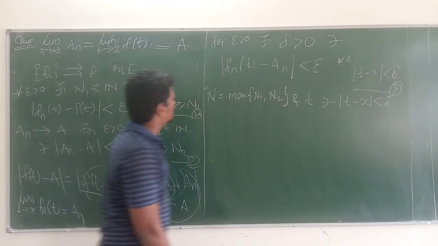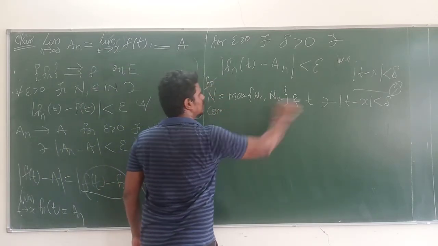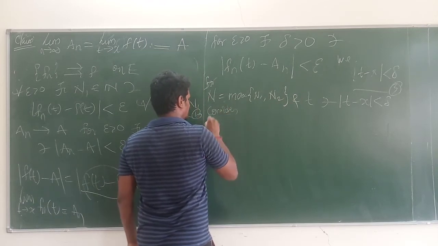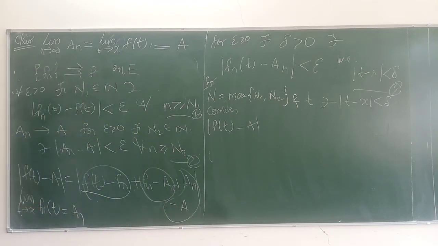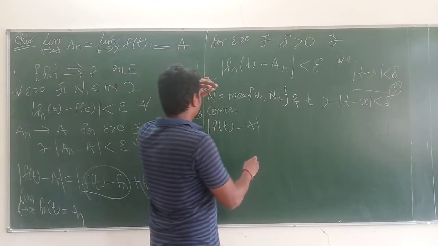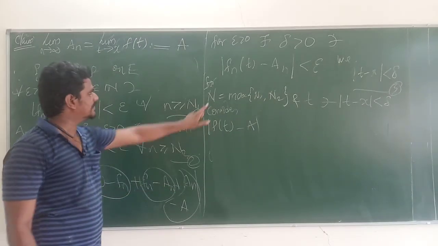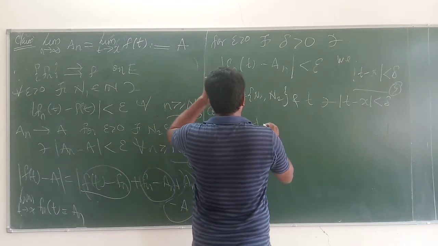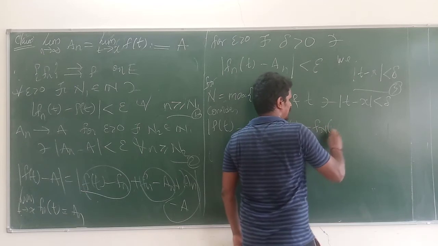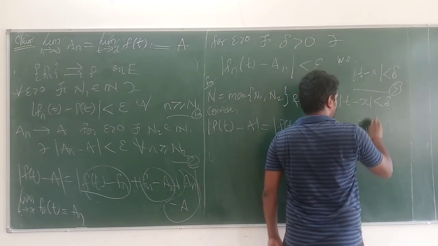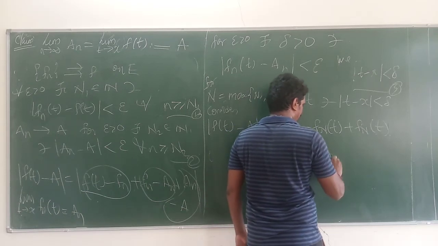Then consider mod f of t minus A. Here we can fix n as this n itself. So this is equal to mod f of t minus fn of t plus fn of t minus an plus an minus A.